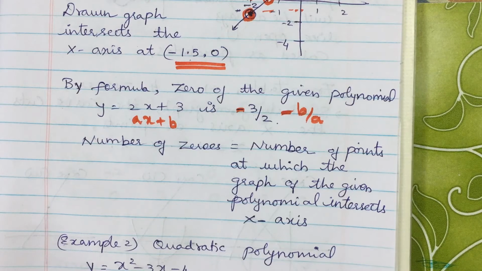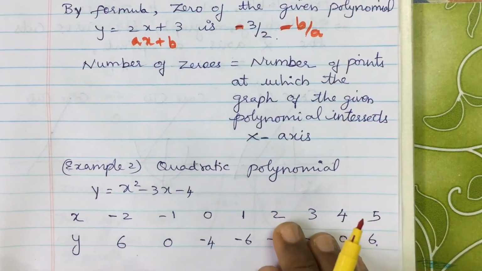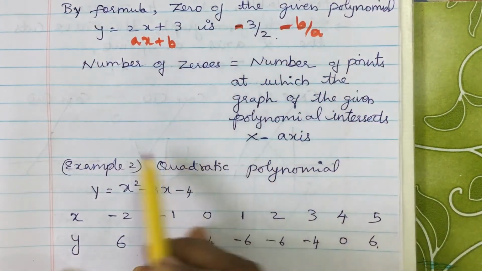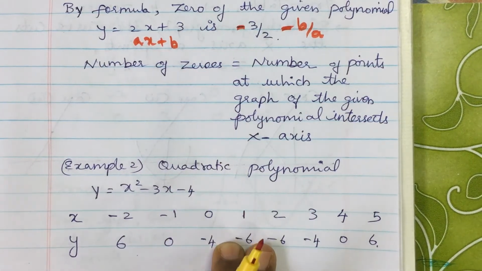But in the case of a quadratic or cubic polynomial, the number of zeros and the number of points at which the graph cuts the x-axis will vary. Okay, so whatever may be the conditions, you will always arrive at this scenario: your number of zeros and number of points where the given graph cuts the x-axis is going to be the same.